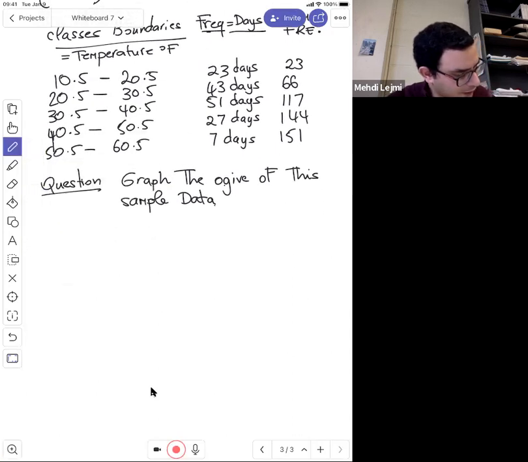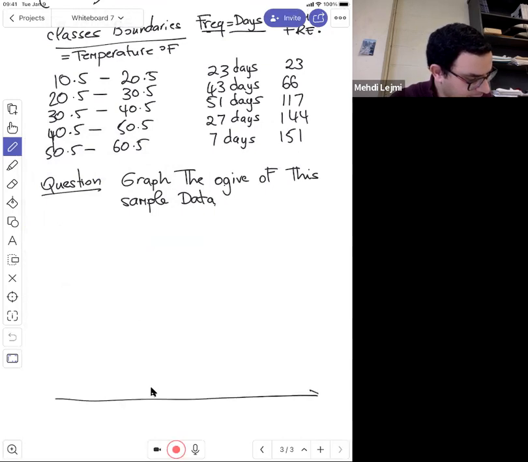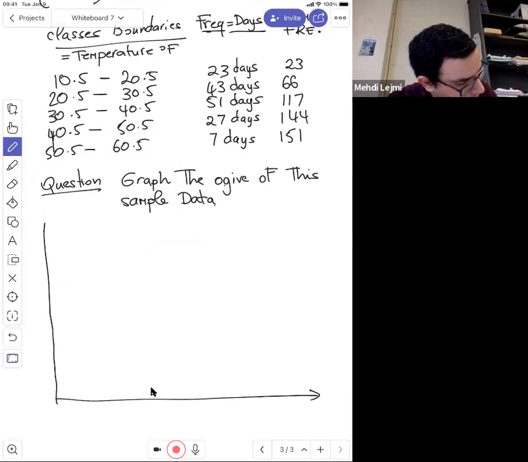Let me show you here. So this is your class boundaries. But then here, the vertical axis is supposed to be your cumulative frequency, right? And you're supposed to start at 0.